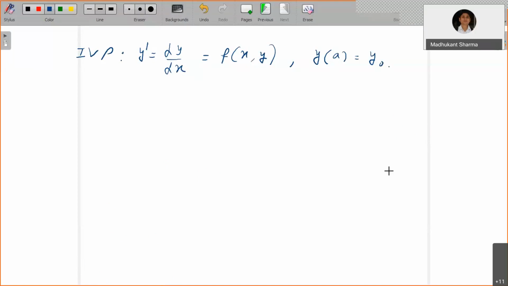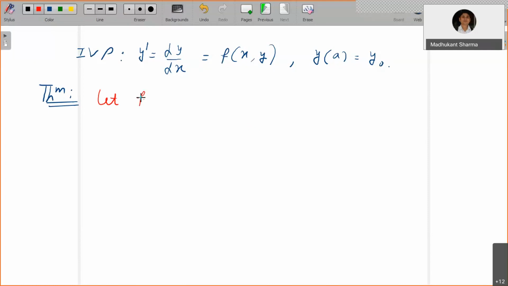So we are looking for the result which gives the guarantee that the solution exists and is unique, because it also proves the well-definedness of your problem. What it says is, let this right hand side function f, because we can only talk about the right hand side function.